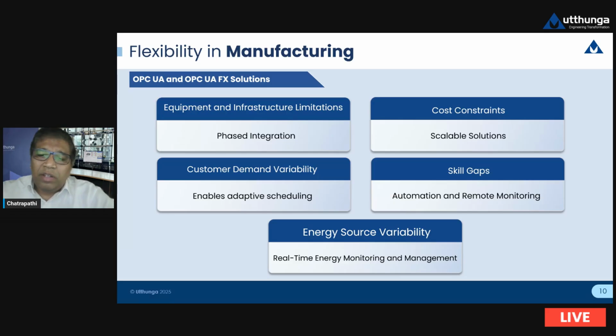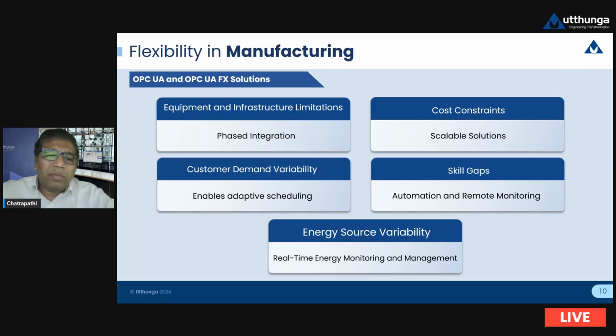So with all of this, it will allow few skilled workers to manage multiple systems remotely, and the benefit is increased productivity with a few workers overall, and of course the remote management capability as well improves the overall flexibility.